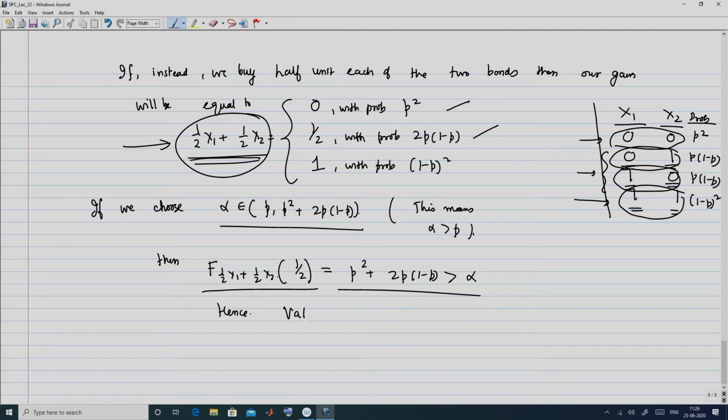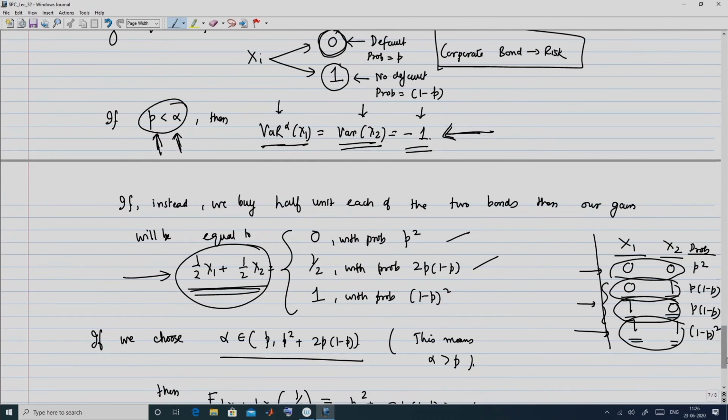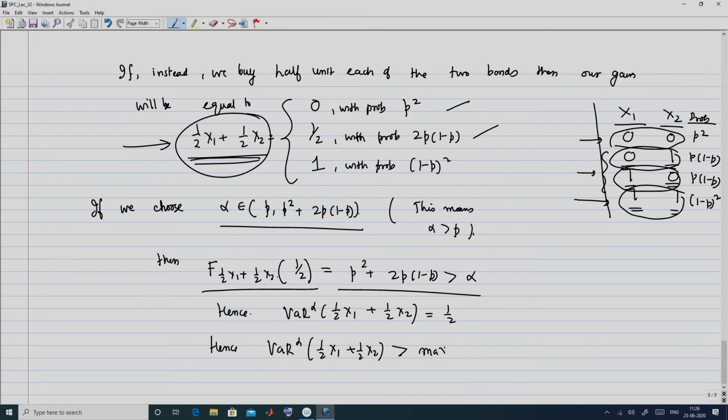So, hence var of half x1 plus half x2 is going to be equal to half. So, you observe that hence the value at risk of half x1 plus half x2 is going to be greater than either of this. So, I can write that in the form of maximum of var of x1 and var of x2.